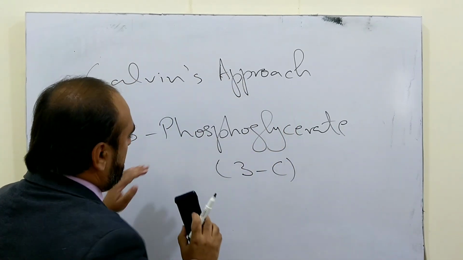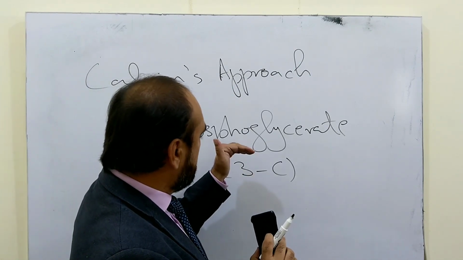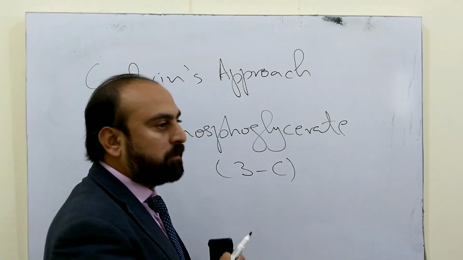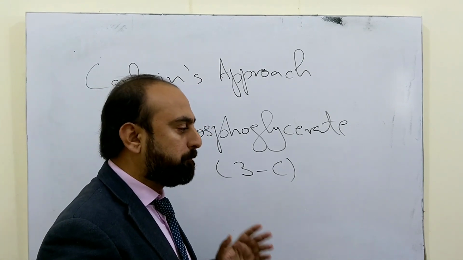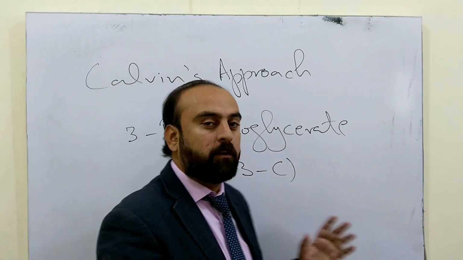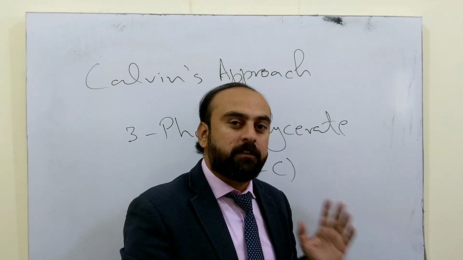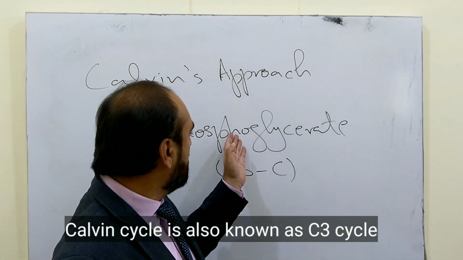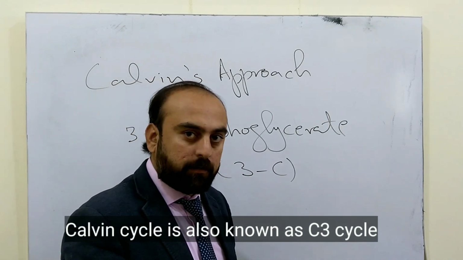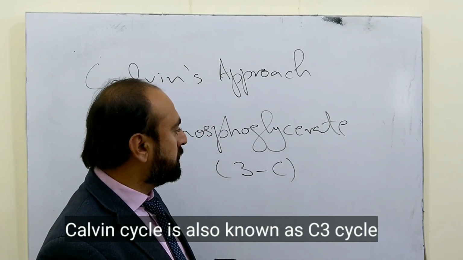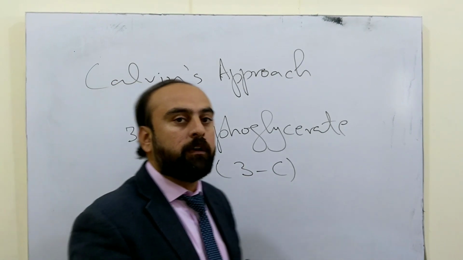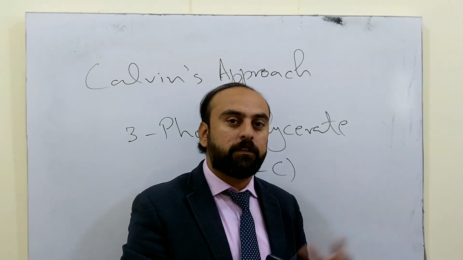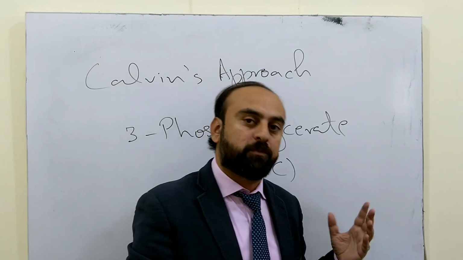Most of the radioactivity was found in this 3-carbon sugar. That is why this cycle is also called the C3 cycle, because the first stable organic product of the first reaction of photosynthesis is a 3-carbon compound, phosphoglycerate, and the plants which only have the C3 pathway are also called C3 plants. Examples of C3 plants are wheat, rice, soya.